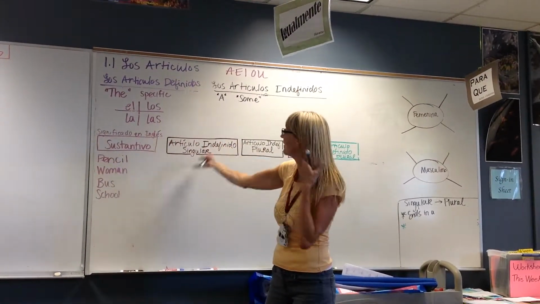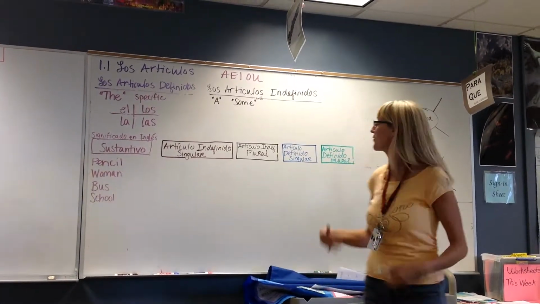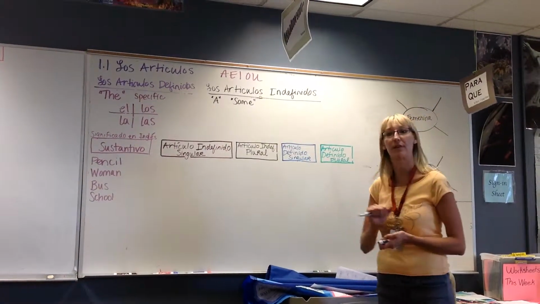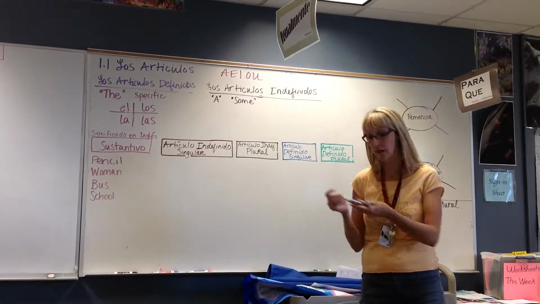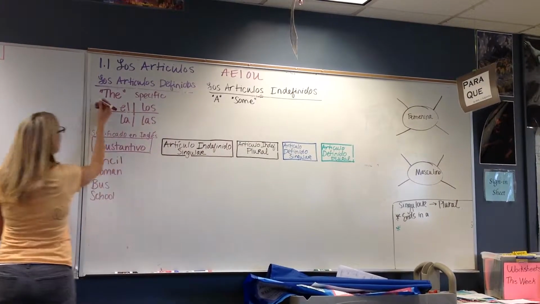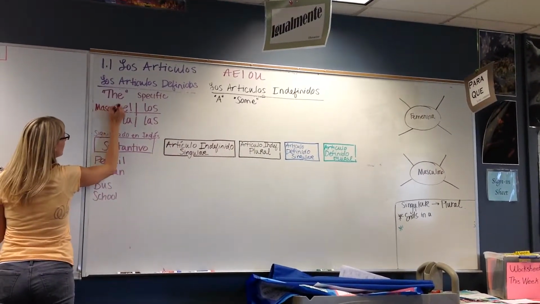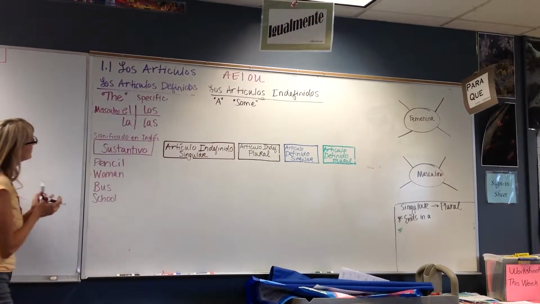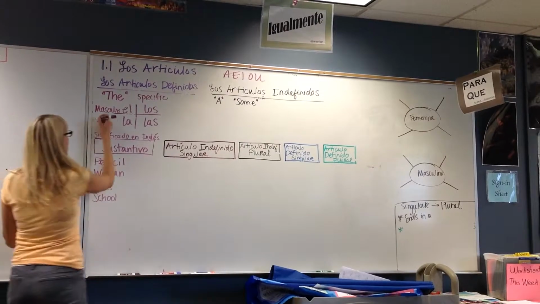Okay, so the way I have this diagrammed, Erica, what's one observation that you could make about this diagram? That the 2 top ones are masculine. Okay, both of the 2 top ones are masculino. They're masculine articles, okay? And the 2 bottom ones are both femenina.